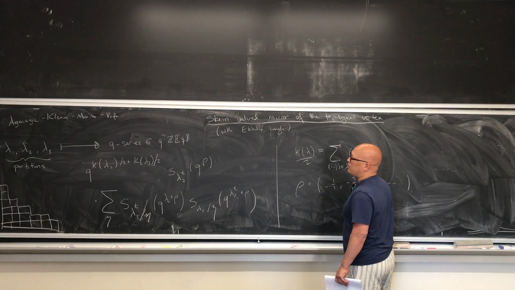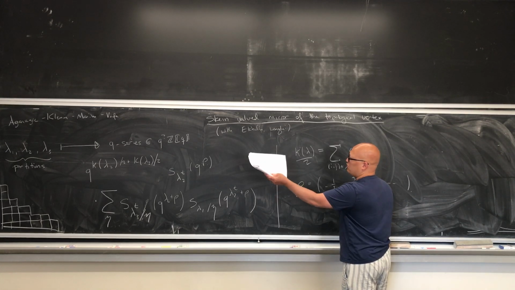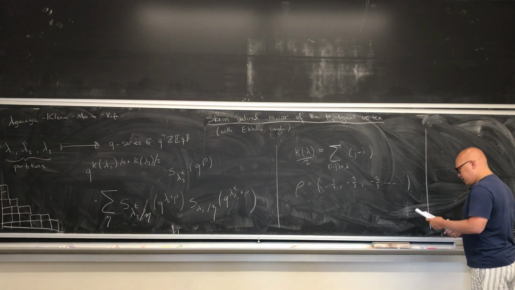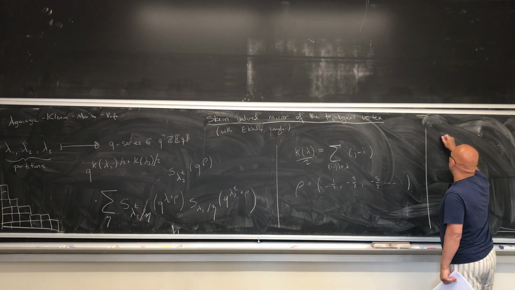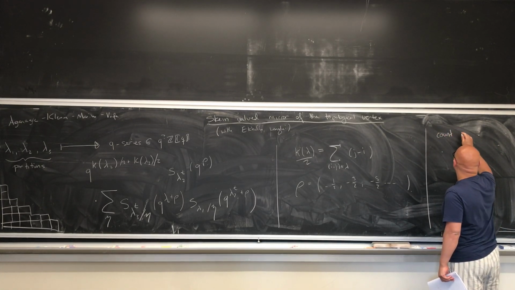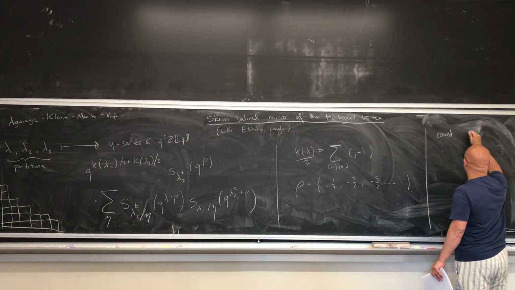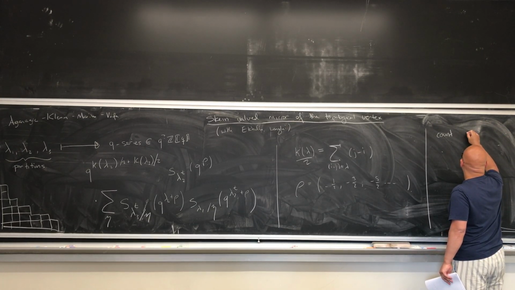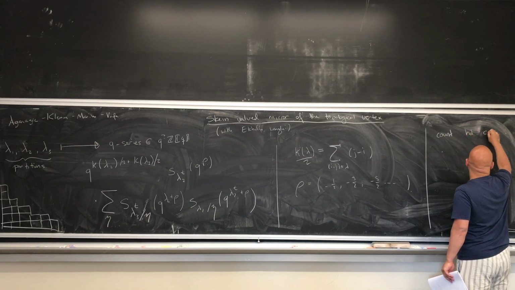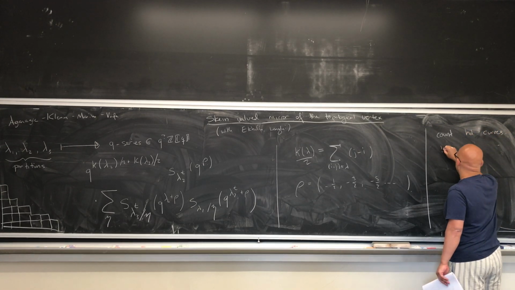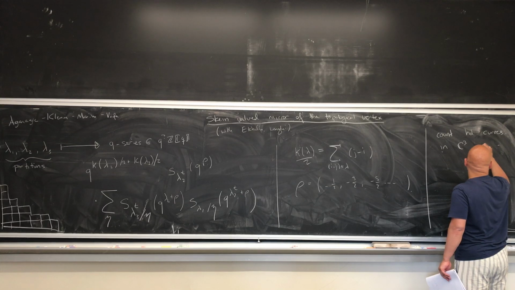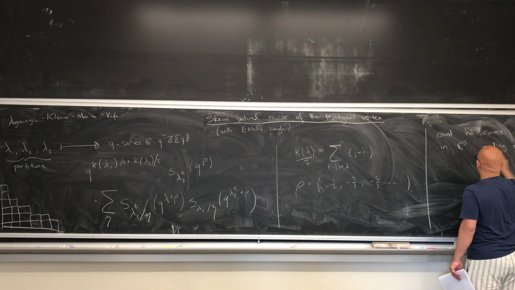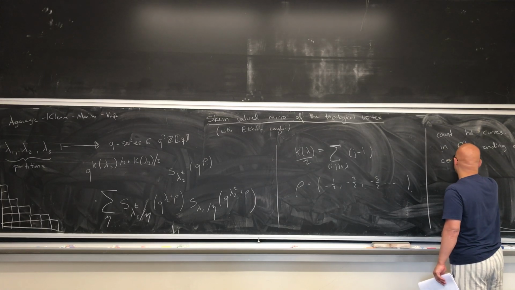But these people are physicists, and so they wrote this formula for a reason. And the reason is that this is supposed to count, it's something in string theory, but it's supposed to count basically holomorphic curves in C3, ending on a certain configuration of Lagrangians.